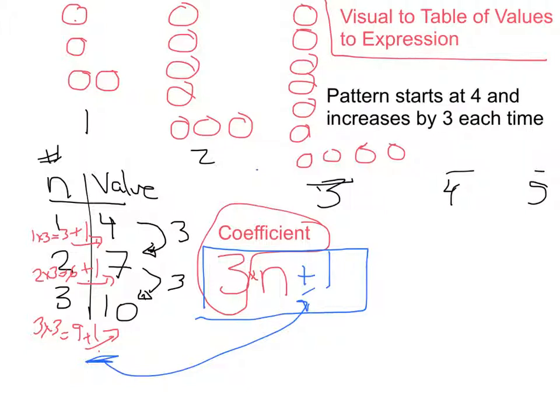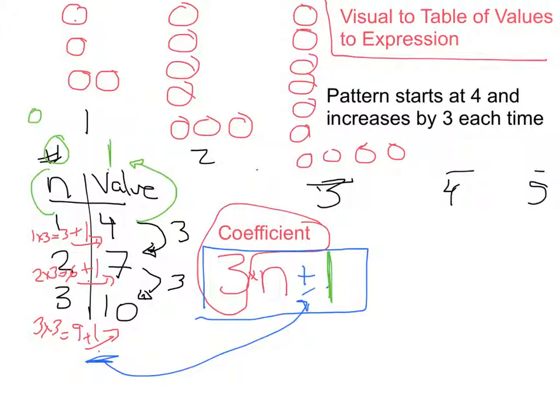There's one trick with the table that we can do: if I was to go backwards, and let's say rather than increasing, what if I decreased it and I went to the 0 term? Well, 4 subtract 3 is 1. So that means if I had a 0 position, or a 0 spot in my pattern, there would still be 1 block there, and that's our constant, that 1 that never changes.